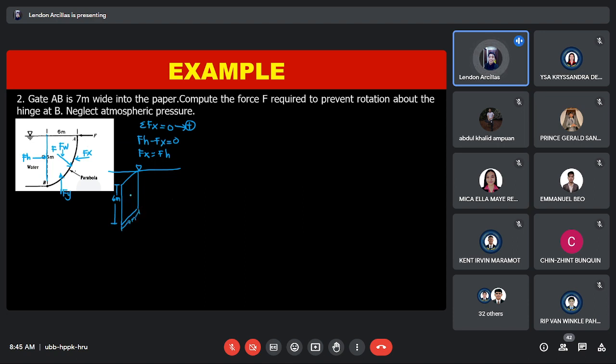Okay, so ang ating h dyan, h bar, is the distance from the surface to the centroid of this rectangular gate. So therefore, that is 9.6 divided by 2 equal to 4.8.